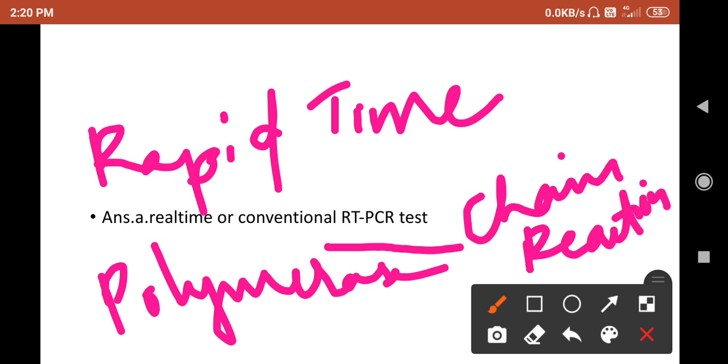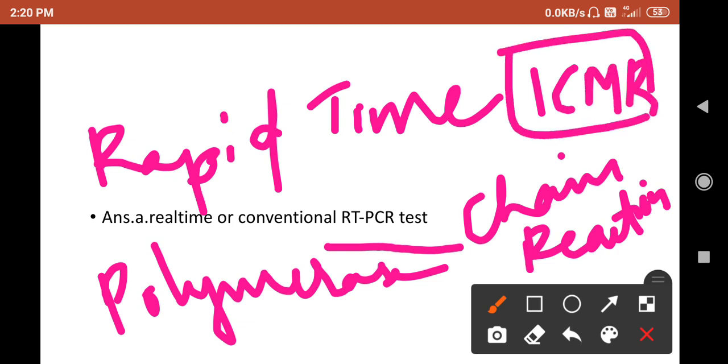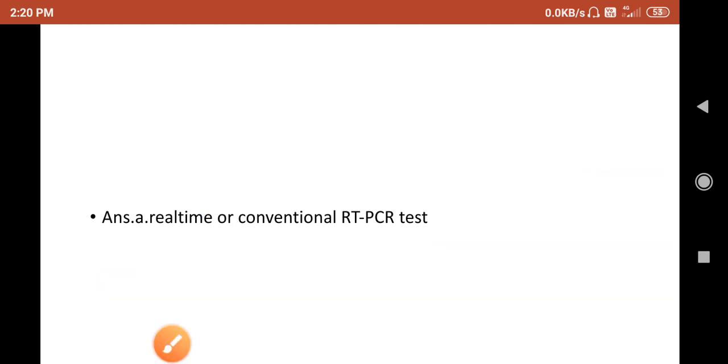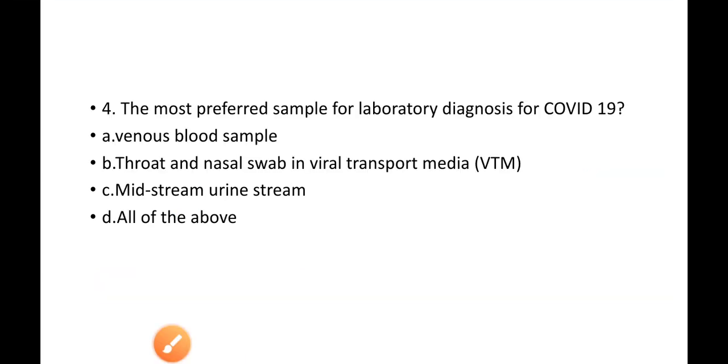So the test recommended by ICMR for every government or private hospital to rule out positive cases of coronavirus is the real-time polymerase chain reaction test, that is the RT-PCR test, real-time or conventional. So next, question number 4.